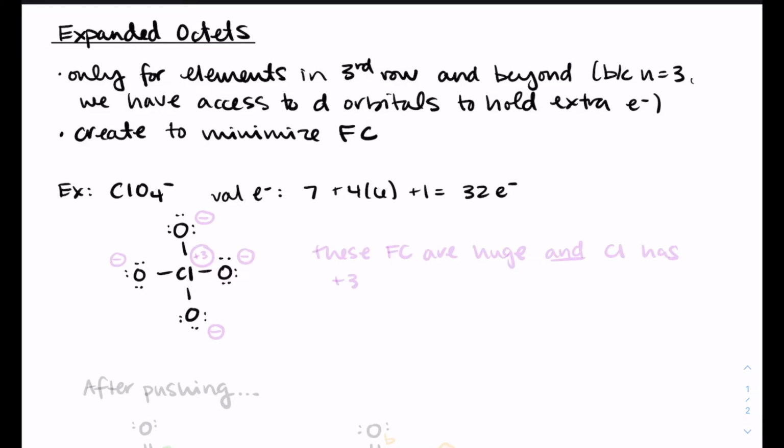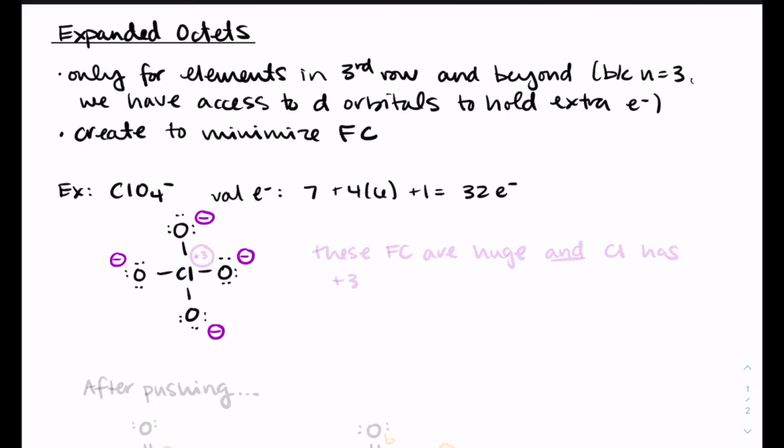Everybody has an octet, even chlorine, because it has those 4 bonds. And it seems there's a lot of lone electrons hanging out, but this is what we got. So my Lewis structure isn't done yet. I need to calculate formal charges and put them next to the atoms.